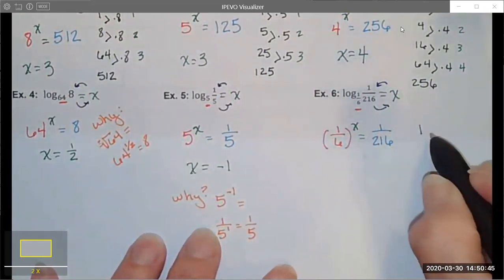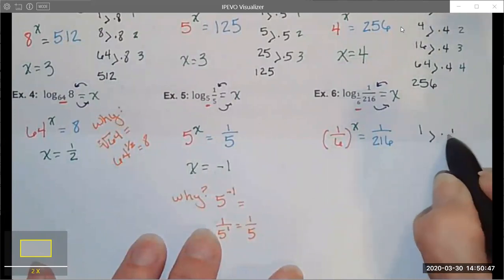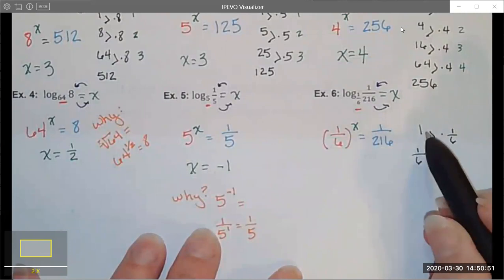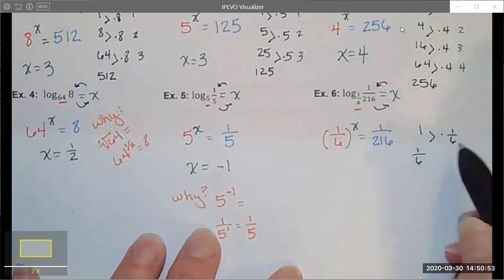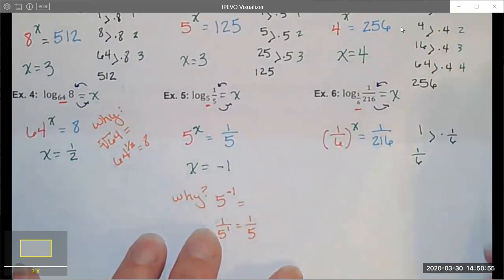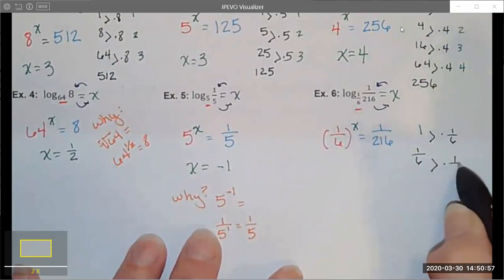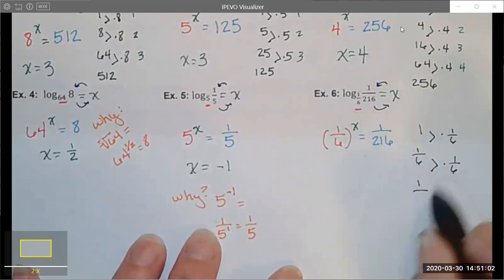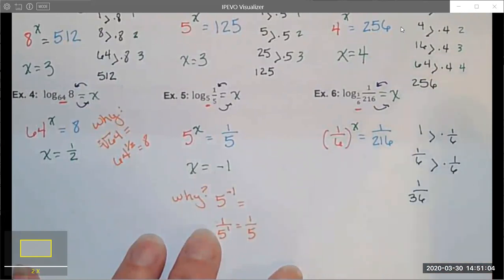If I start with a 1 and multiply by 1/6, I get 1/6. Remember, when dealing with fractions, we multiply numerator times numerator and denominator times denominator. I need another one. 1 times 1 is 1. 6 times 6, 36. Still not there, so I'm going to multiply by 1/6 again. 1 times 1 is 1. 36 times 6, 216.